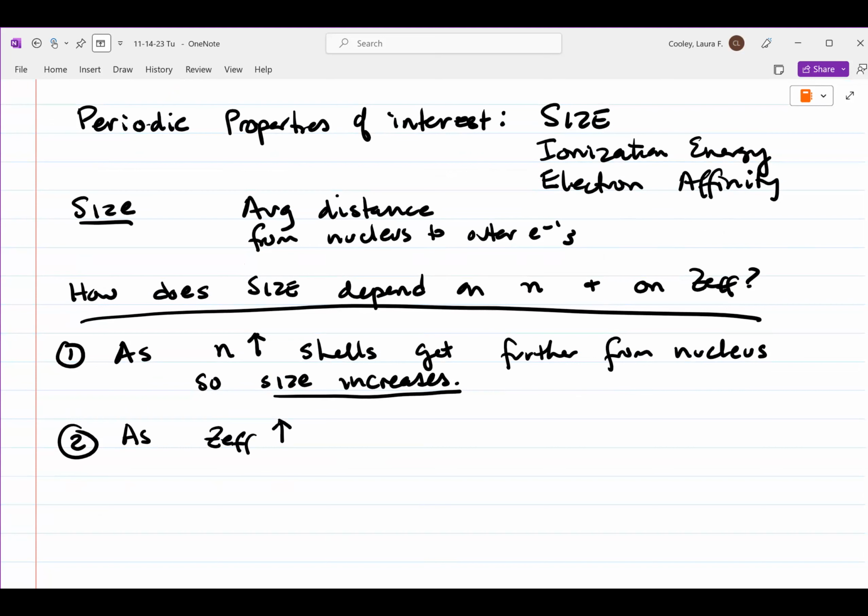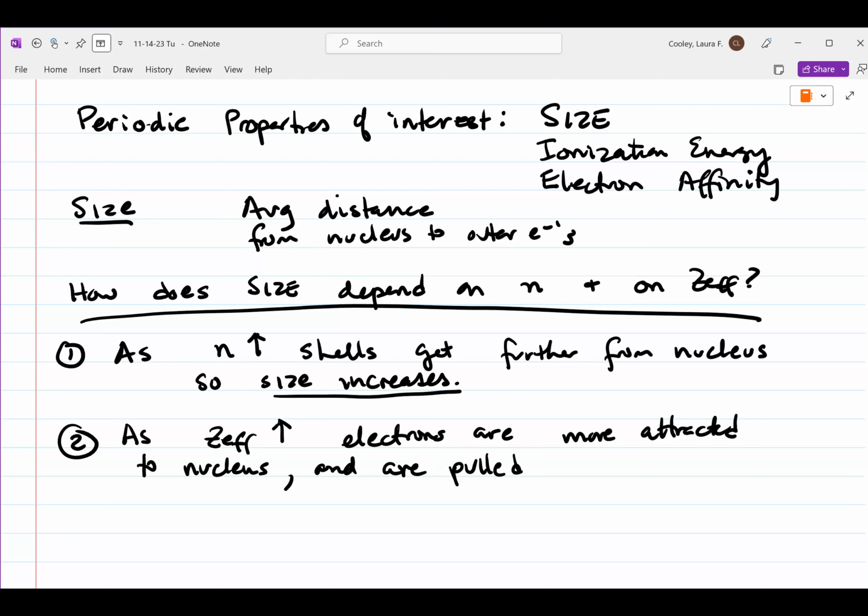As Z effective increases, electrons are more attracted to the nucleus and are pulled in closer. So size decreases.